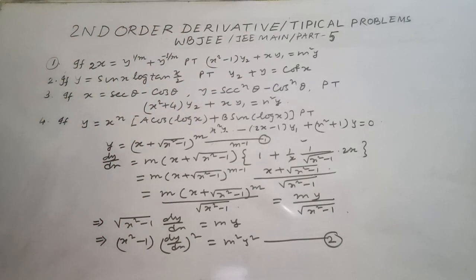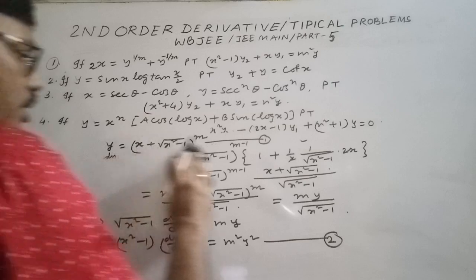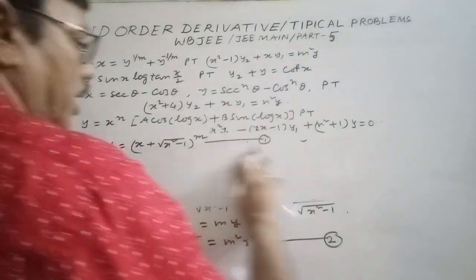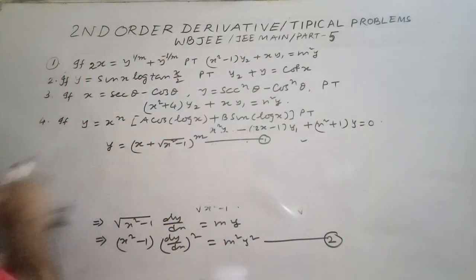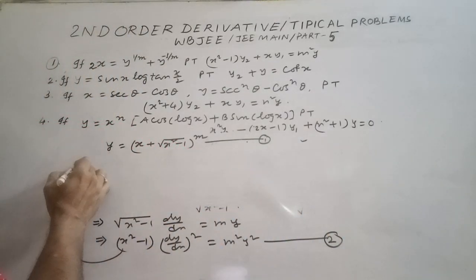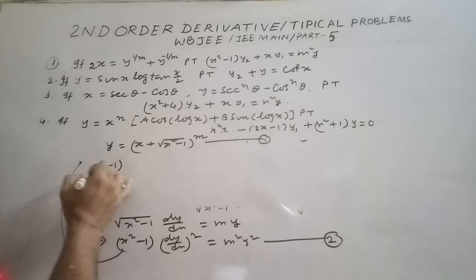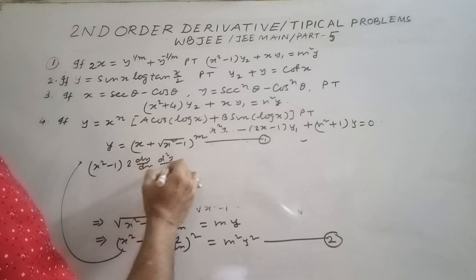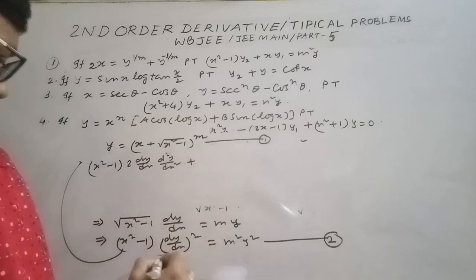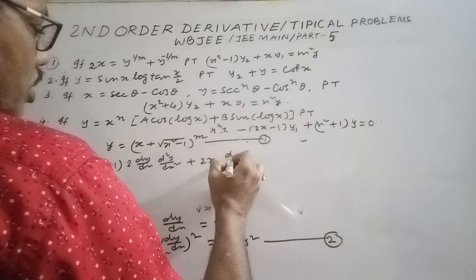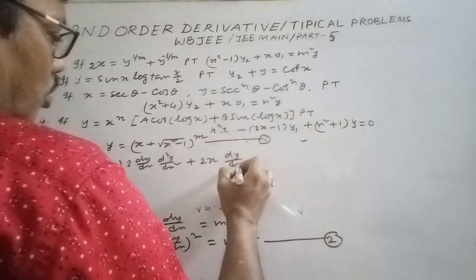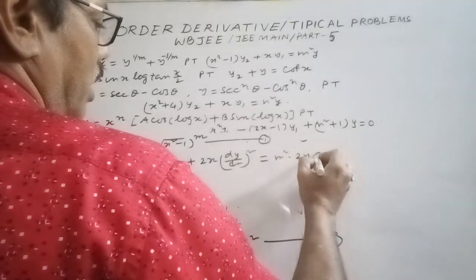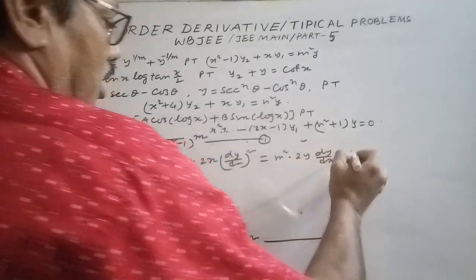Differentiating again with respect to x. So look, this is by product rule: (x square minus 1) unchanged, 2 dy dx into d2y by dx2, plus 2x into (dy dx) whole square, equals m square 2y dy dx.